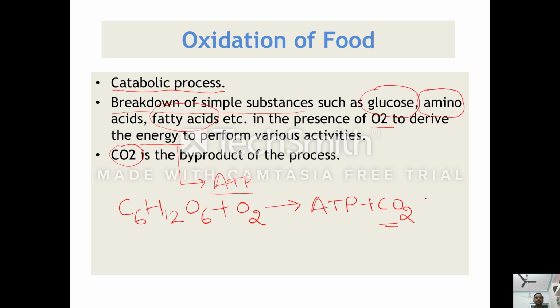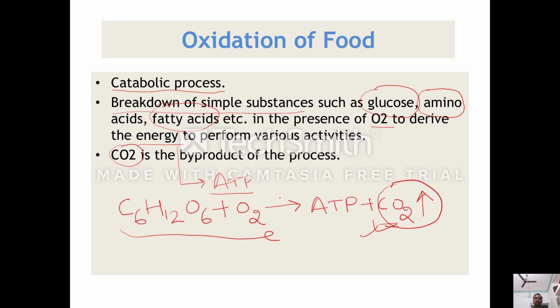This carbon dioxide acts as a metabolic waste, which is then liberated from our body through the expiration process. So this is the simple equation of the oxidation of food.